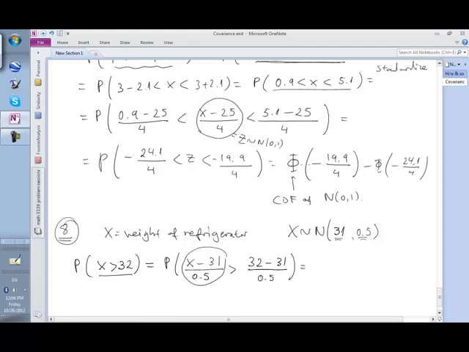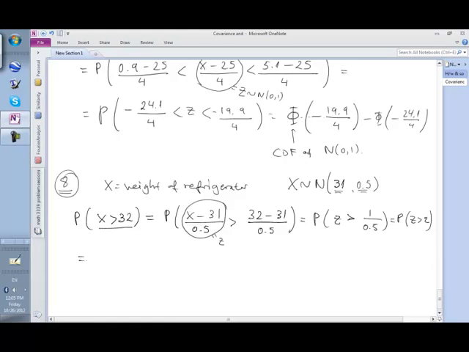So since X has normal distribution and we subtract the mean and we divide by the standard deviation, this fraction is equal to Z. So this is equal to 1 divided by 0.5. So we're looking at Z being greater than 2.